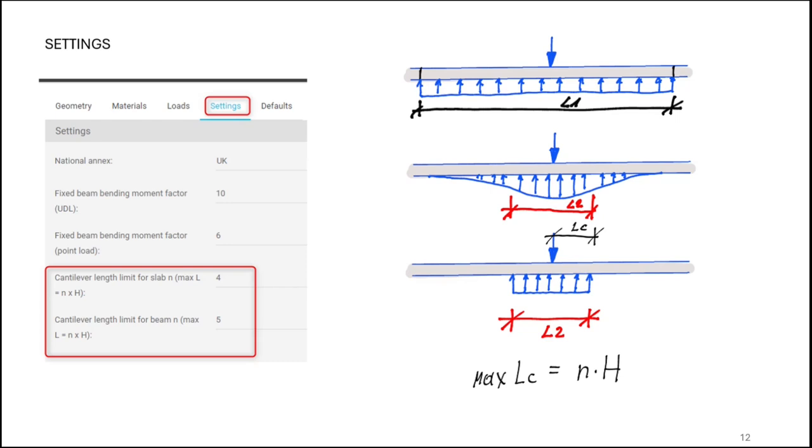So we are limiting the distance where we spread the load by providing a limit where that cantilever LC is n times element depth, and we allow the user to provide those factors. I think 4 or 5 are reasonable values in such case.